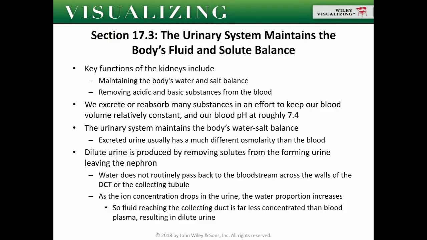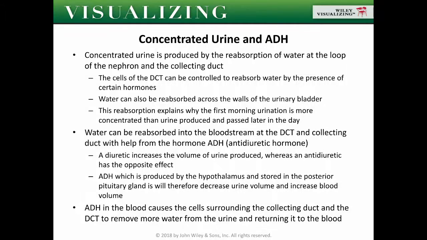So the ion concentration drops in the urine and the water proportion increases. So the fluid reaching the collecting duct is more dilute than the blood plasma, resulting in a dilute urine. Because again, you are also absorbing the ions and the nutrients from your proto-urine.